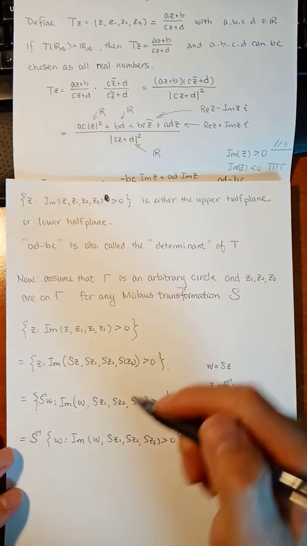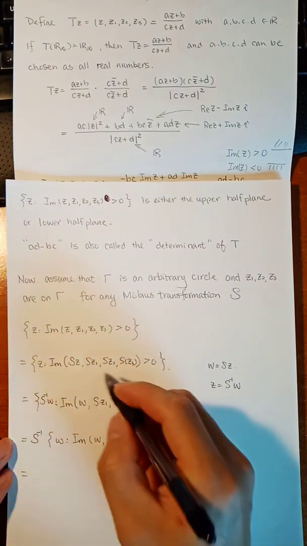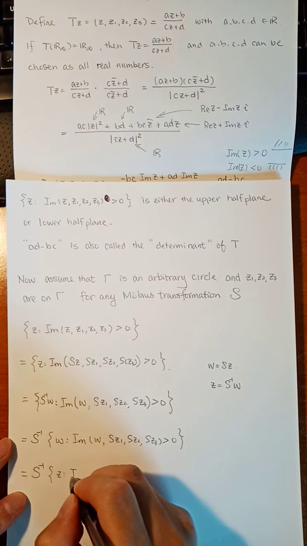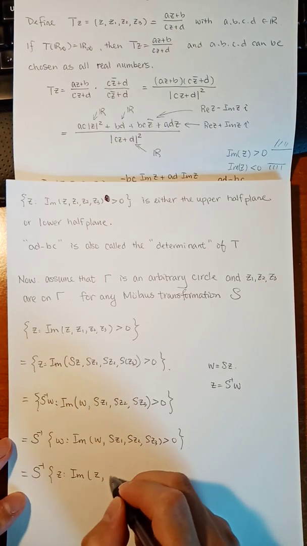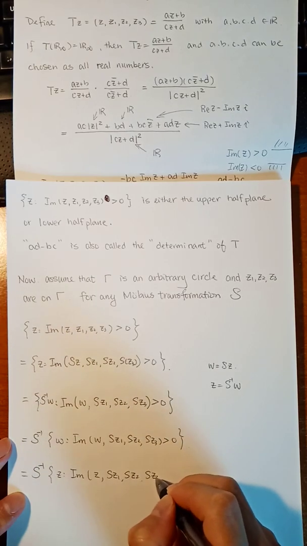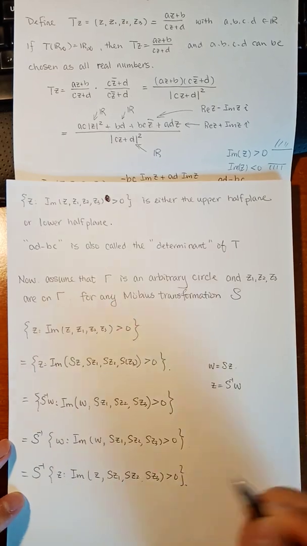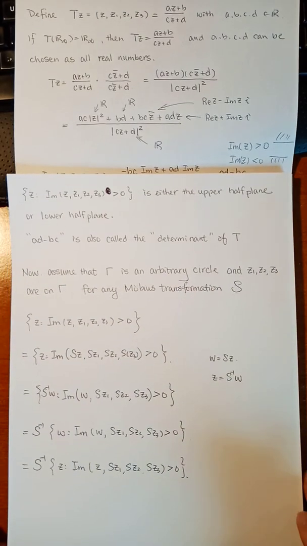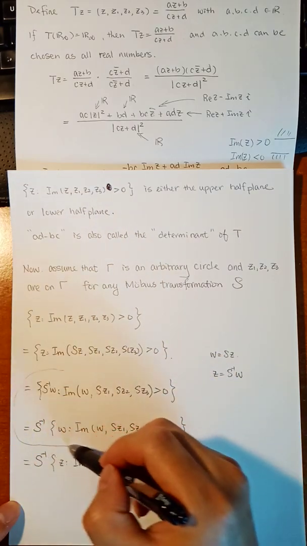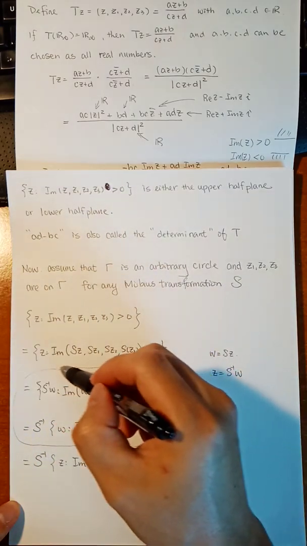So that's why in the textbook they skip several steps and directly give you S inverse of Z, imaginary part of the cross ratio of Z, SZ1, SZ2, SZ3. All right. So in the textbook, these two steps are skipped.